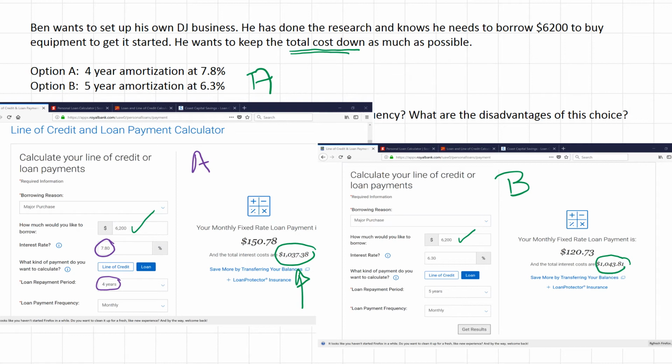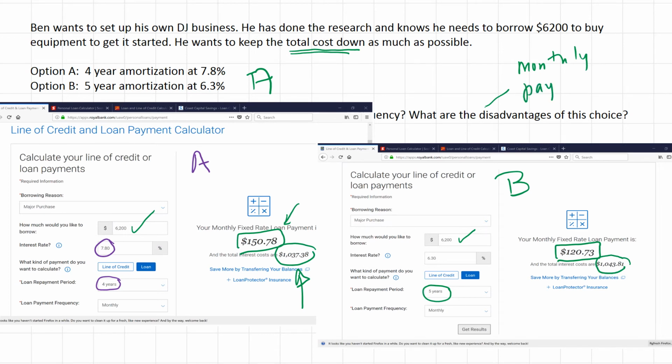The second part is what are the disadvantages of the choice. I just want to point out what the monthly difference is. So he's paying a little bit more every month for portion A, and it's a little bit higher because he's only doing it for 4 years compared to the 5 years here. So the disadvantage is that his monthly payments will be a smidgen higher.